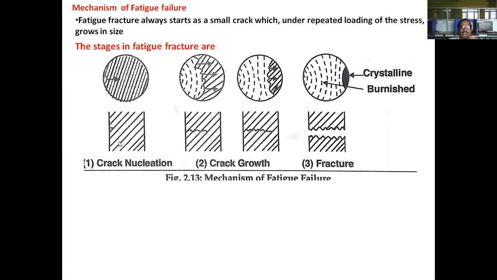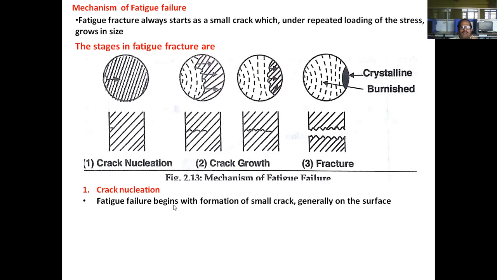As I told you before, any component or process has flaws, and under cyclic loading there is an initiation of a crack, which is then propagated, as shown in this figure. The first step is crack nucleation. At any flaw in the component under cyclic loading, there is nucleation of a small crack. Fatigue failure begins with a small crack, generally on the surface.